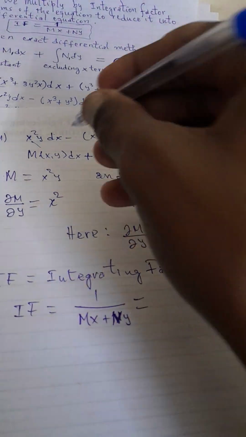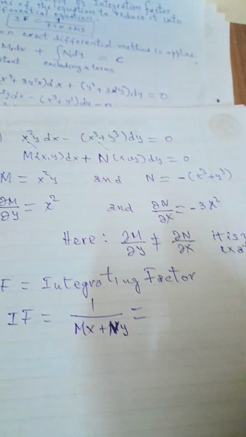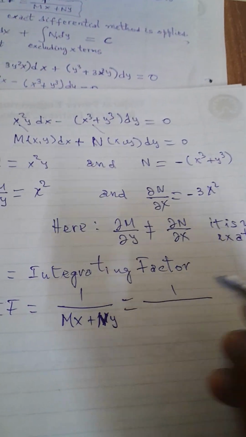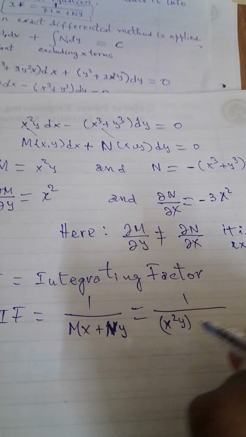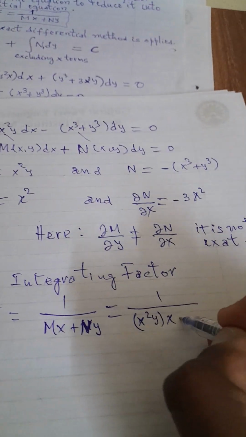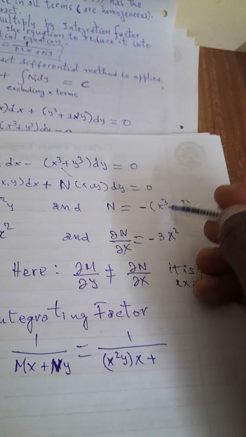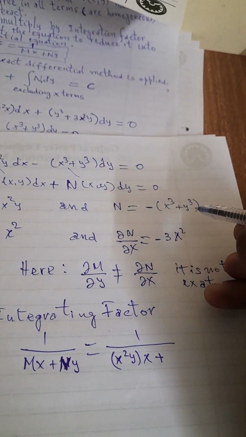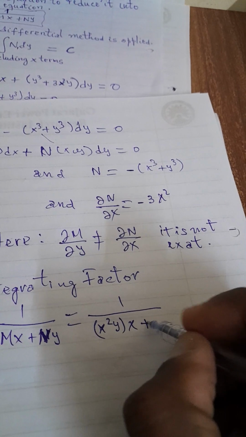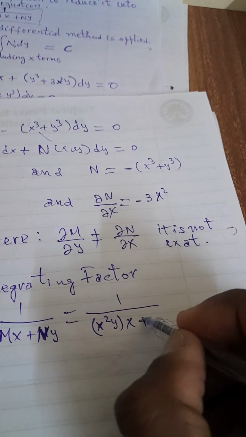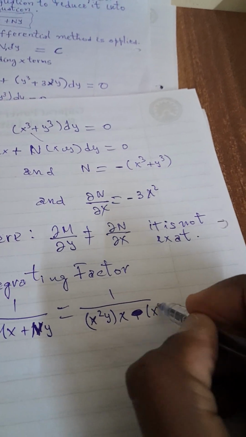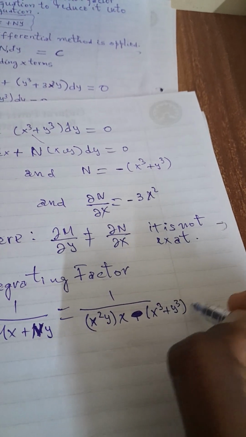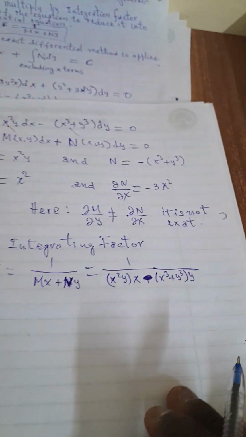Just pick up your M. M is x squared times y, so it will be x squared y times x, plus N. N is minus x cubed plus y cubed, so we can directly substitute: minus x cubed plus y cubed, times y.